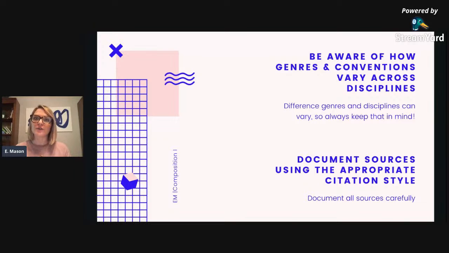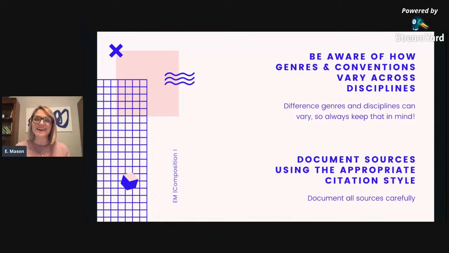Be aware of how genres and conventions vary across the disciplines. Disciplines meaning subjects. There's a term called writing across the disciplines, and writing is not just for an English class. It's not just for composition. You can write in a literature class, obviously. You can write in a math class. The teacher might say, hey, write a paper on the Pythagorean theorem.